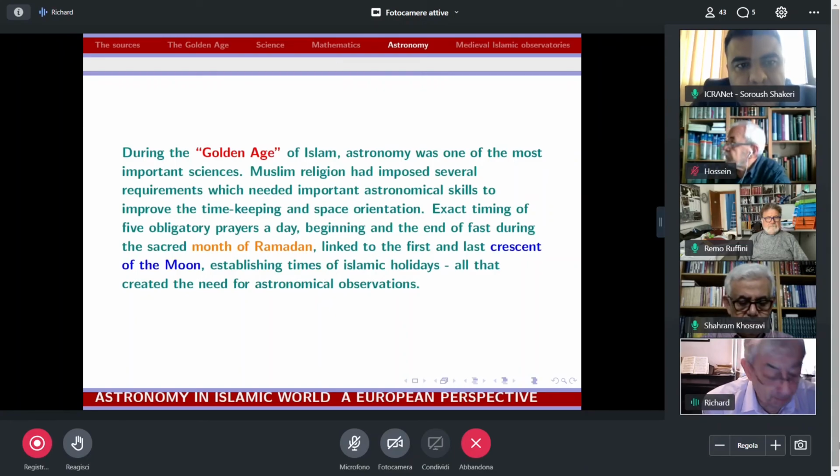And probably one of the reasons was political instability. Take Ulugh Beg, for example. His legacy was destroyed not by Europeans but by his son. I think this is the reason, and so it collapsed by itself, probably mostly because of political instability.